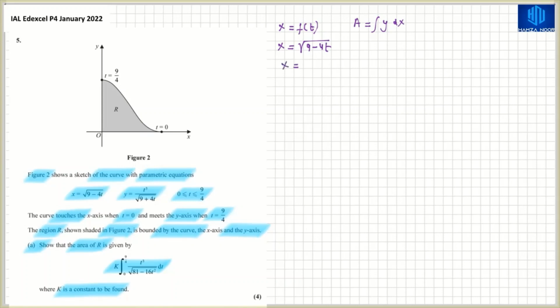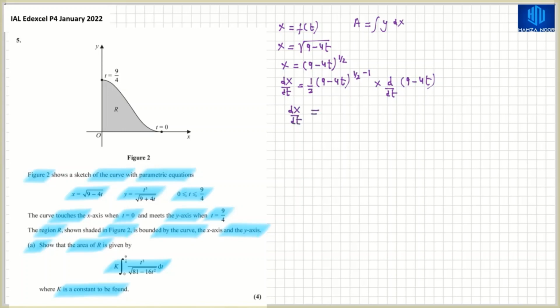First of all, x equals (9 minus 4t) raised to the power half. Therefore dx over dt equals half multiplied by (9 minus 4t) raised to the power half minus 1, multiplied by the derivative of 9 minus 4t with respect to t. This is the chain rule.